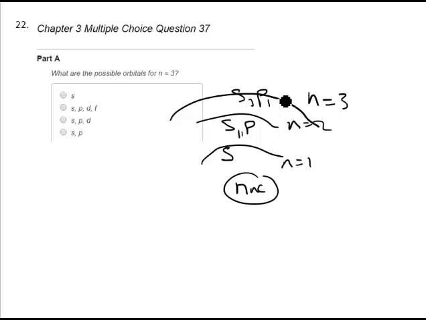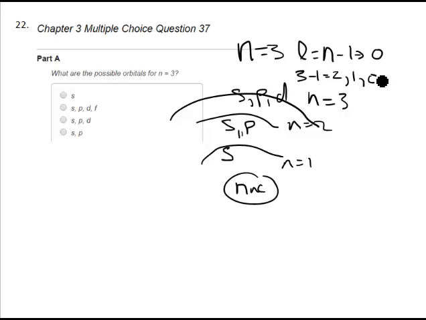So out here we've got S, P's, and we've got D's. So every time we go out, we add. Or you can look at it this way. N is equal to 3, L is equal to N minus 1, and then the value of that can go down to 0 at integer values. So if we start with 3 minus 1 equal to 2, we can have 1, we can have 0. That is S, P, and D orbitals. So the answer there is going to be that.